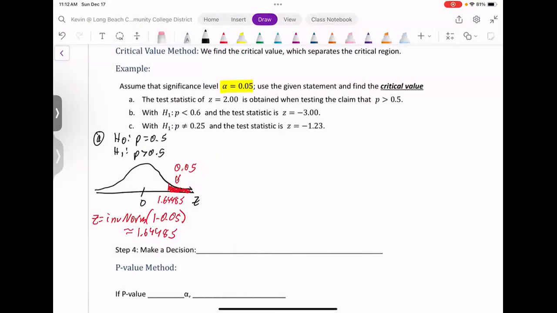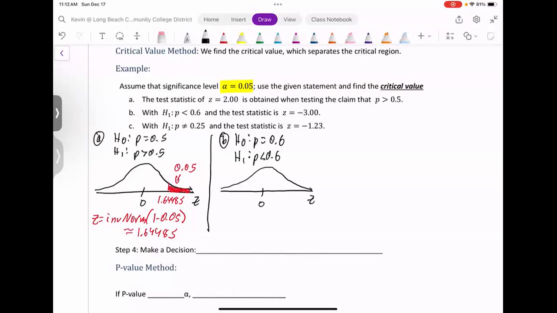All right, part B. So our null hypothesis is here. Our alternative is here. Now this is a left-tailed test.